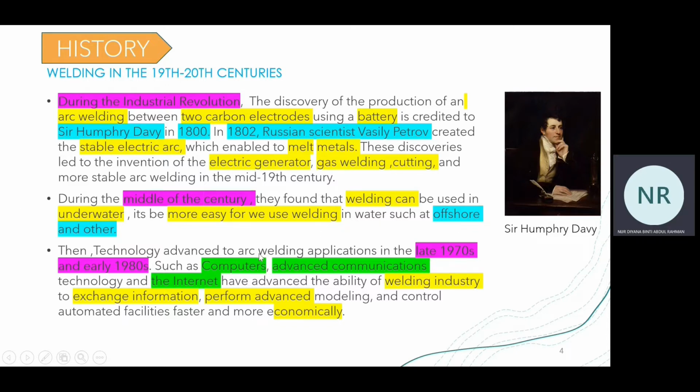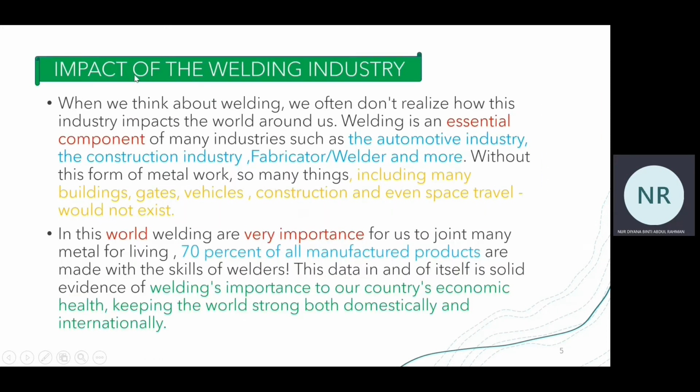Technology advanced to arc welding application in the late 1970s and early 1980s, such as computer, advanced communication technology, and the ability of welding industry to exchange information, perform advanced modeling in the world. So, the impact of the welding industry. Welding is component of many industries such as automotive industry, construction, welder and more.